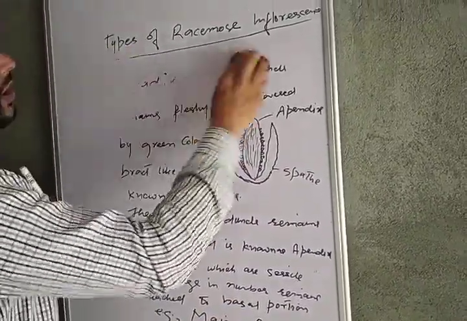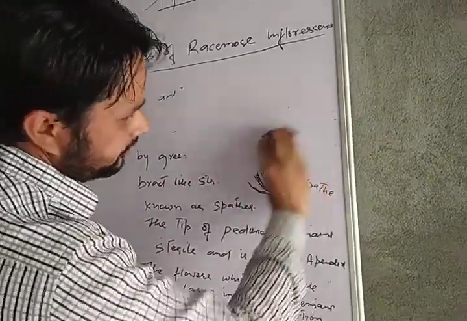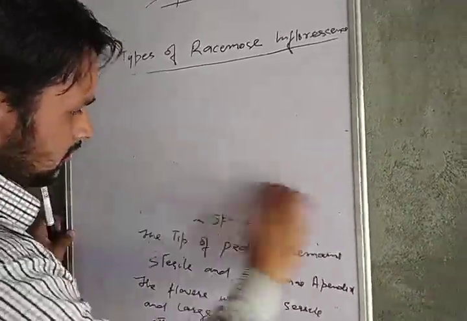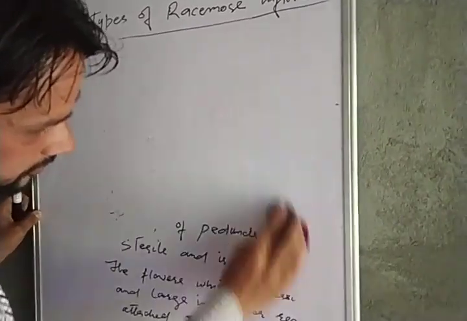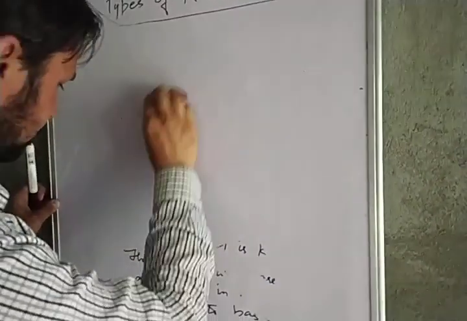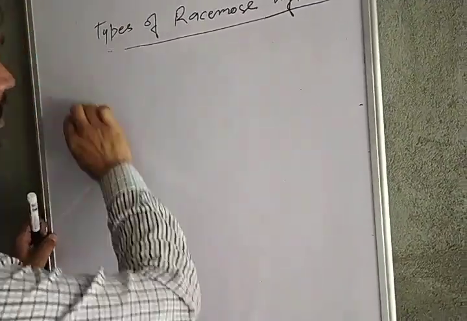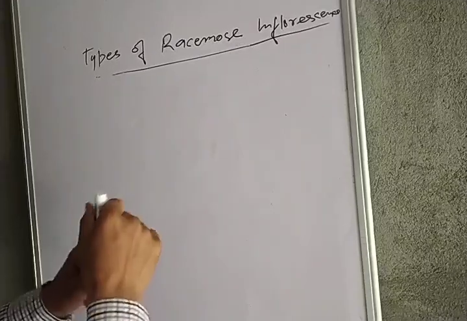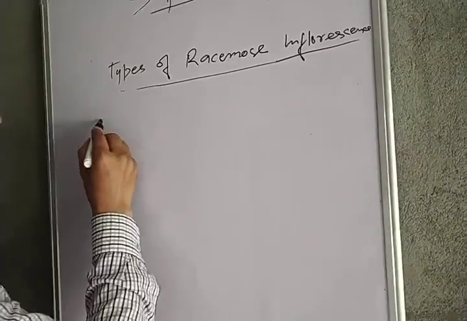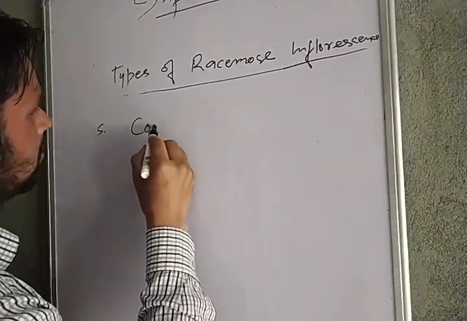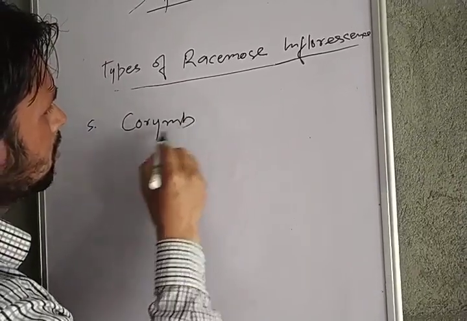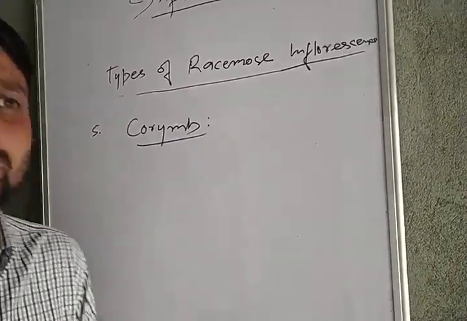Now I will move forward. Now the fifth one, corymb. Okay, what is corymb type of inflorescence?